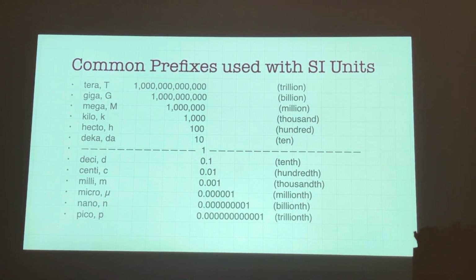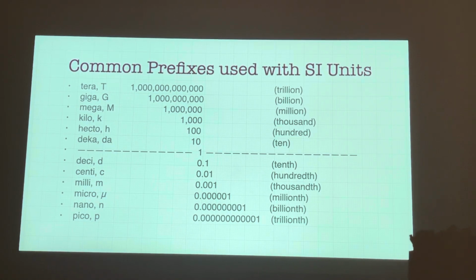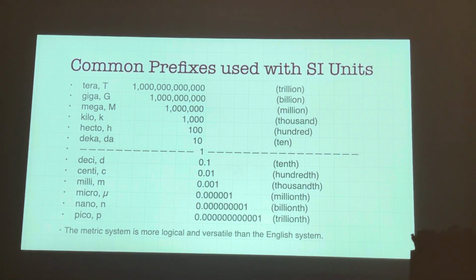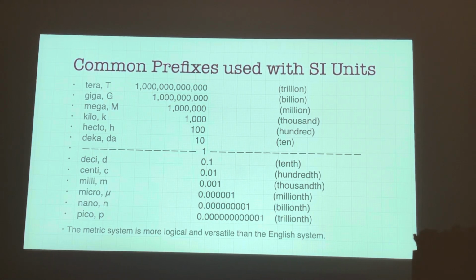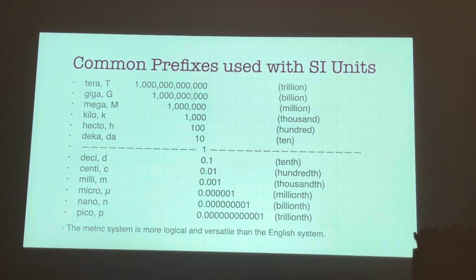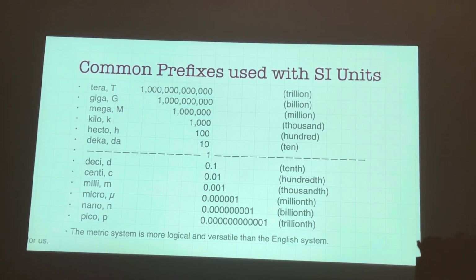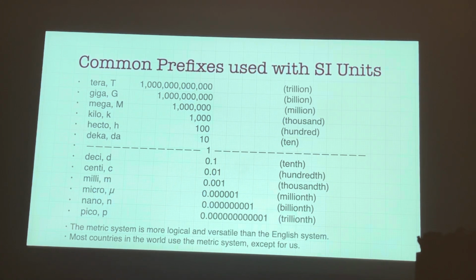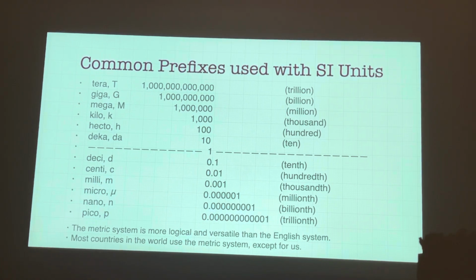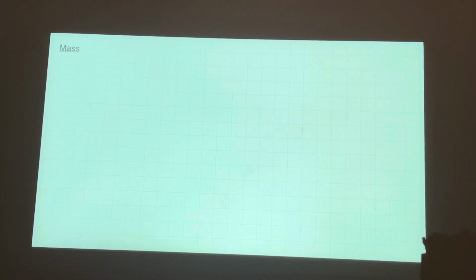So those are the common prefixes used with our SI units. The metric system is way more logical and versatile than our English system, so much easier to use. Most countries in the world use the metric system, really, except for us. We're the only ones that haven't adopted it.